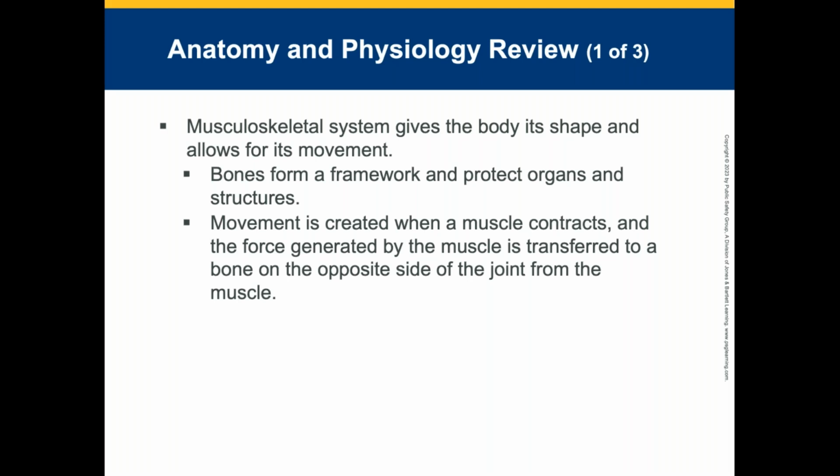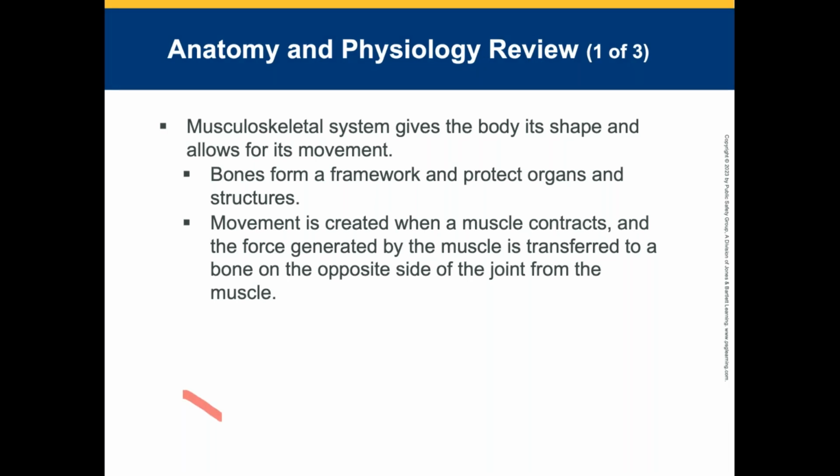So A&P review. Let me get my highlighter back out. Okay. So bones, remember, bones form that framework, the musculoskeletal system, right? One of our many body systems, one of the 11 that we do have.